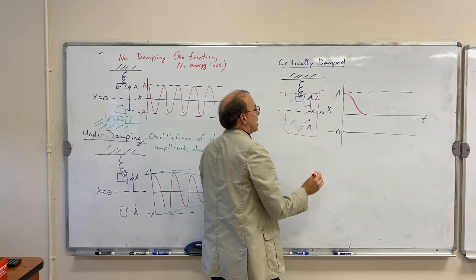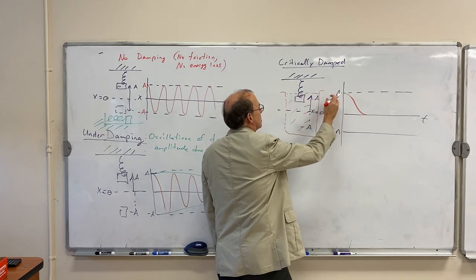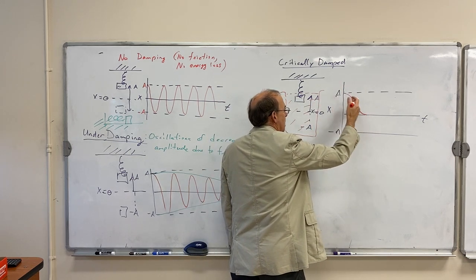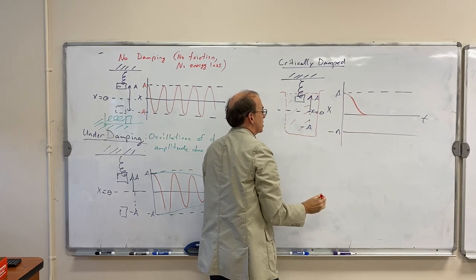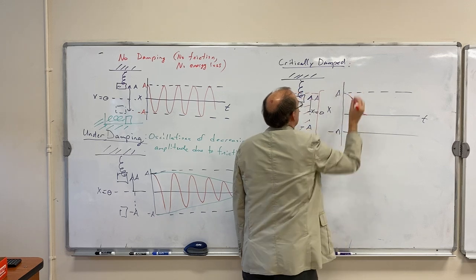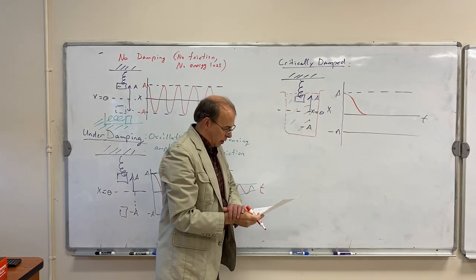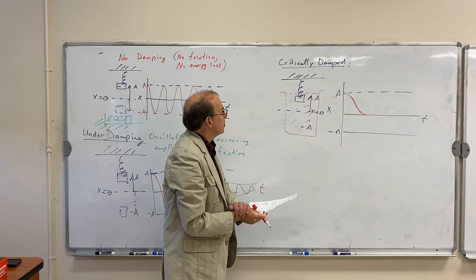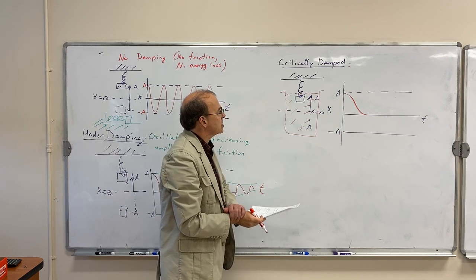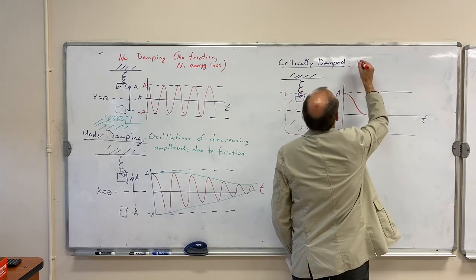Critically damped is when you choose your friction so that this comes back to zero in the fastest possible time without oscillating. The simple harmonic system returns to zero in the fastest time without oscillating.